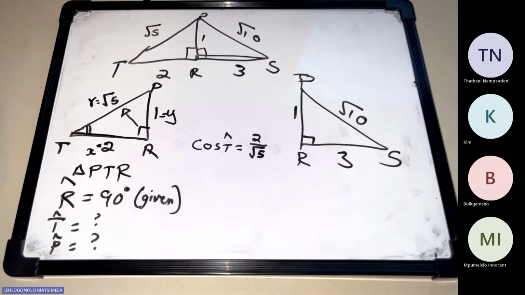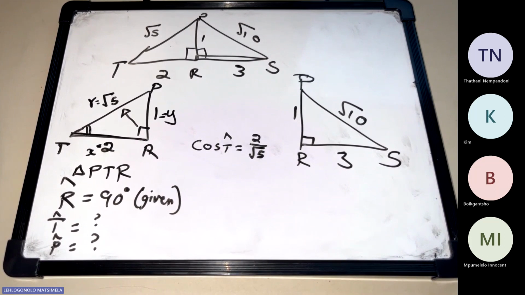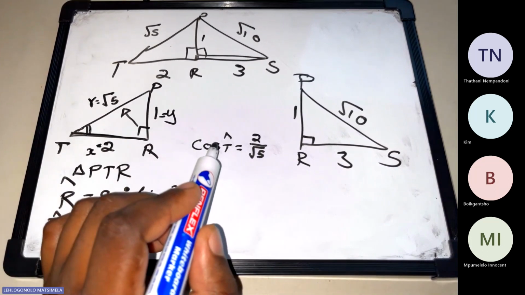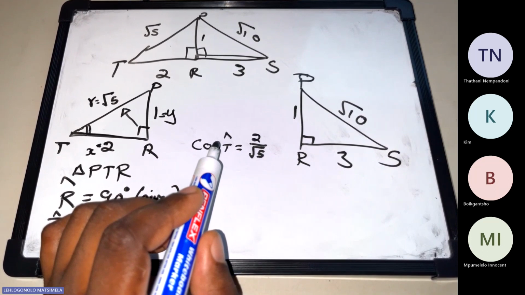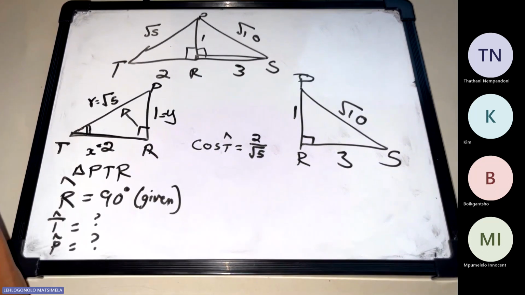So in this manner, we are going to figure out the angle by saying, on a calculator, we will press shift and then press cos, and then put down the numbers as they are, which is 2 divided by root of 5.